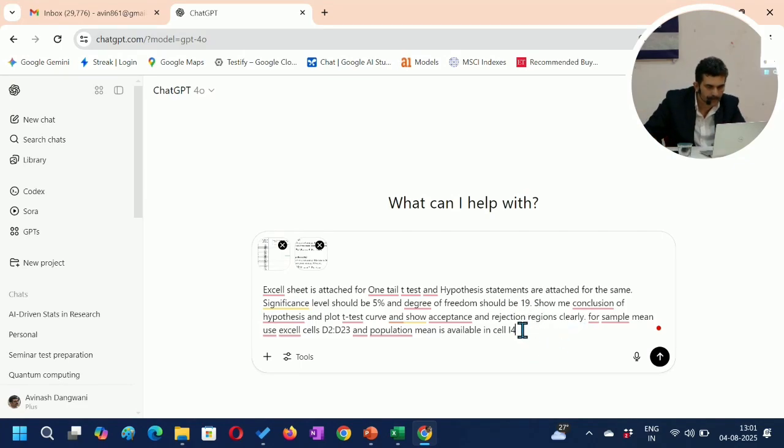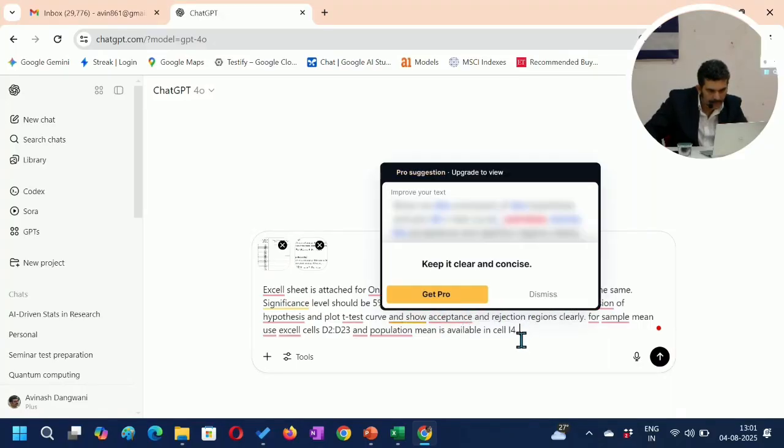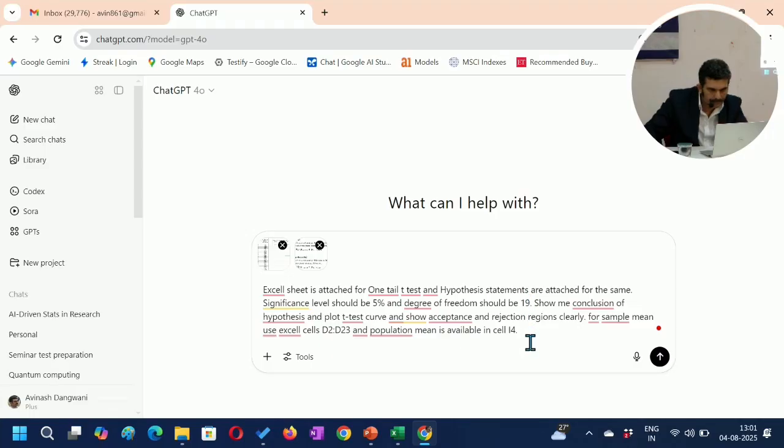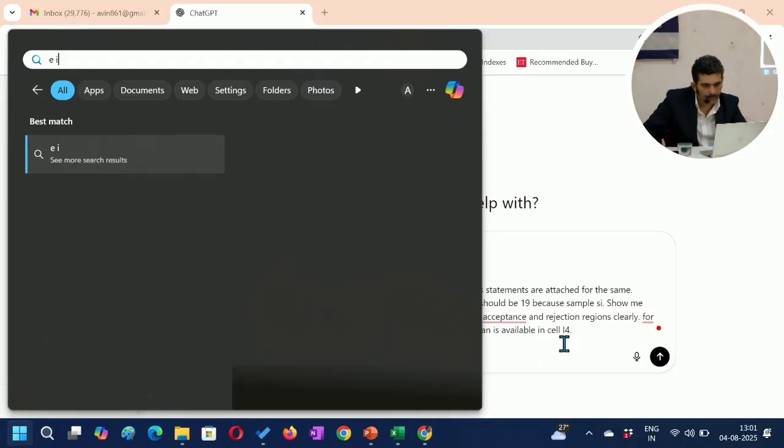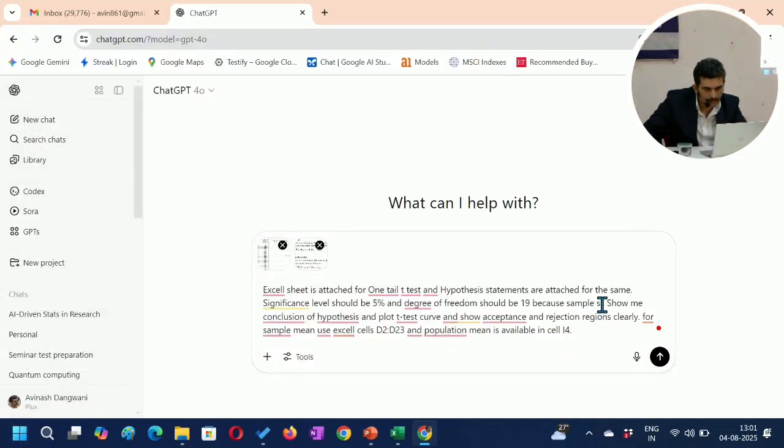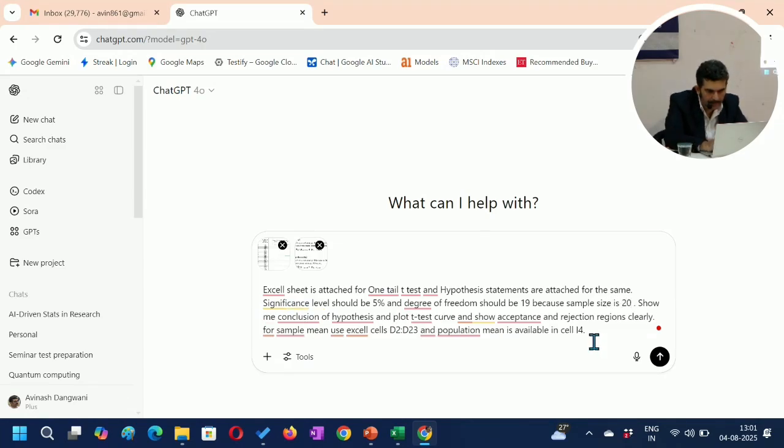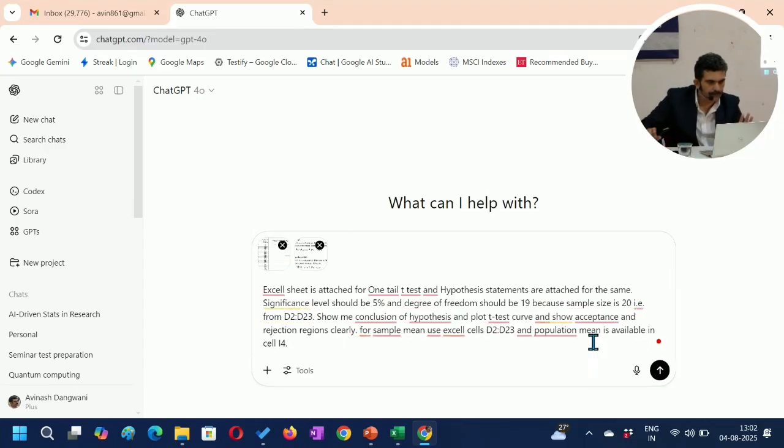Degree of freedom should be 19, because I am subtracting one, because the sample size is 20, that is from D4 to D23. I think it is enough.